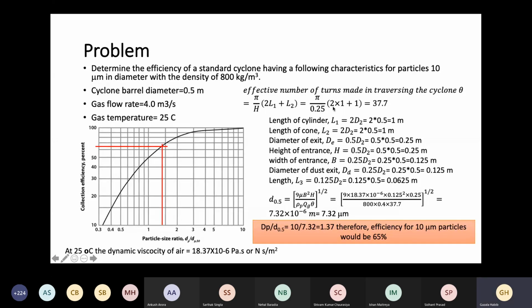Effective number of turns you can find out, and then you can find out various dimensions. Then D50 can be calculated. So D50 for the given cyclone is 7.32 micrometer, right? And we want to remove particles of 10 micrometer in size for a given gas flow rate.